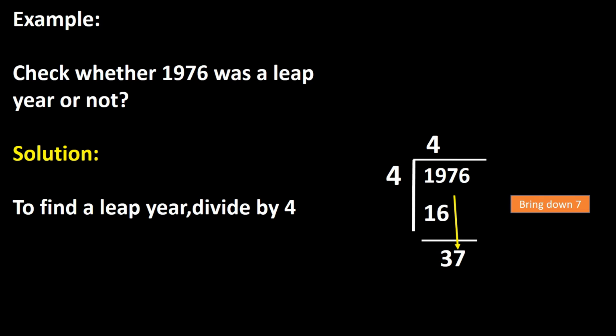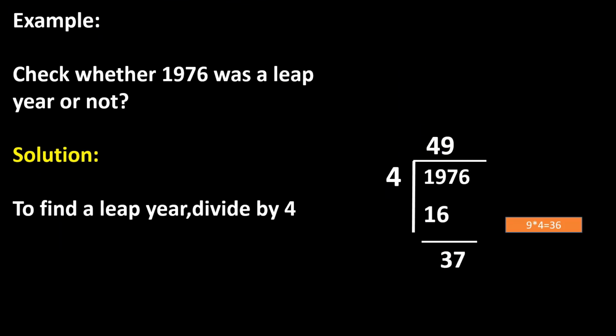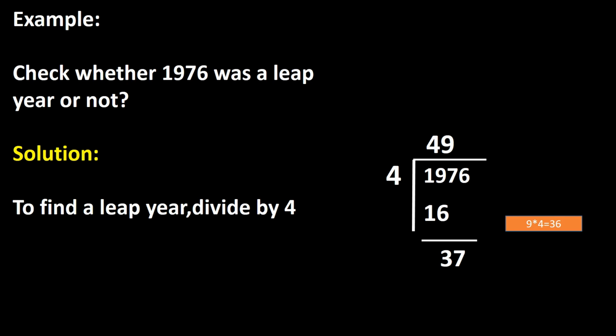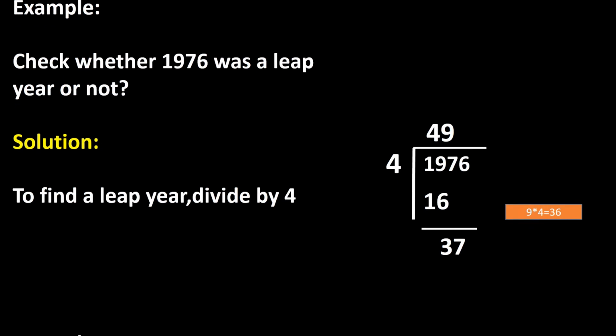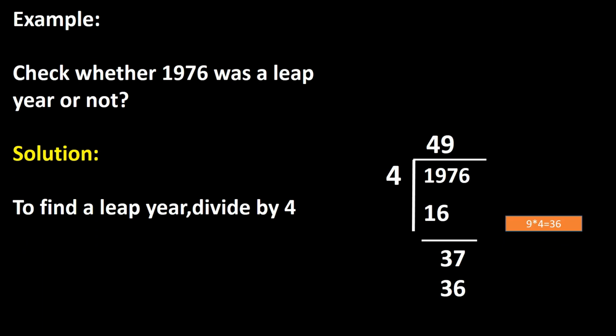So we have to write 36 below 37, and 9 is written in the quotient place next to the 4. Next step, we have to subtract 36 from 37. So 7 minus 6 is 1, and 3 minus 3 is 0.